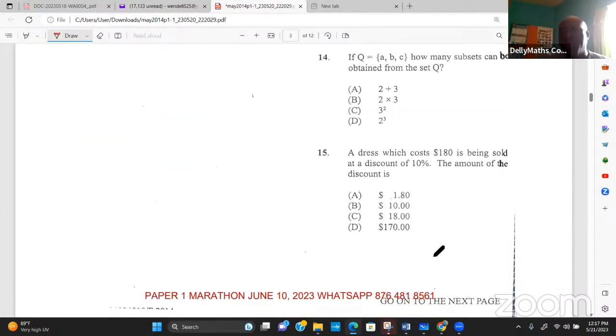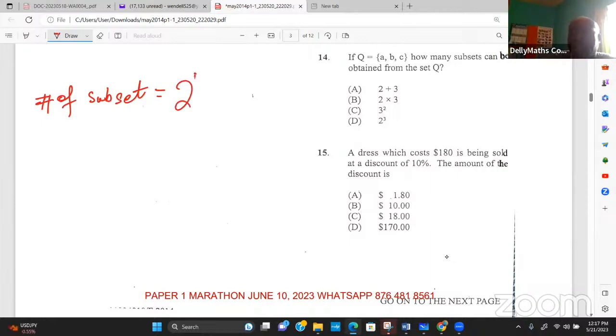If Q is equal to {A, B, C}, how many subsets can be obtained from set Q? Now, everybody make a note of this: the number of subsets is equal to 2 raised to the number of elements. 2 raised to the n, and n refers to the number of elements.